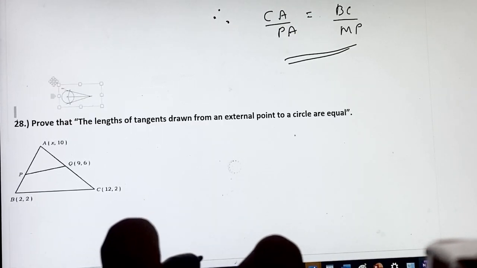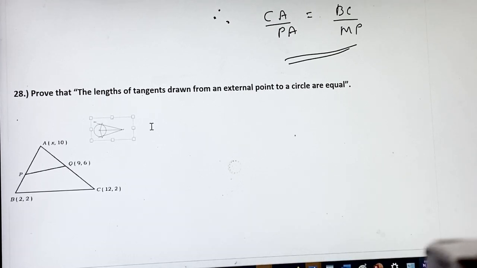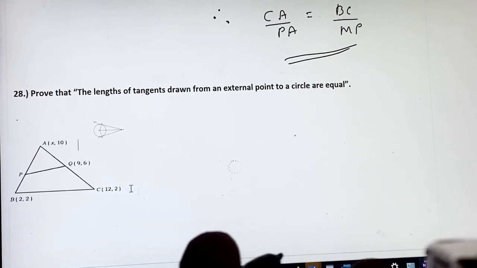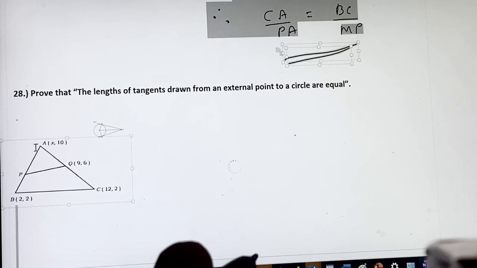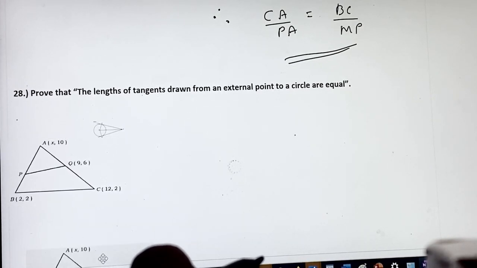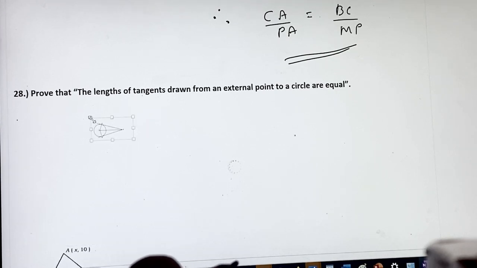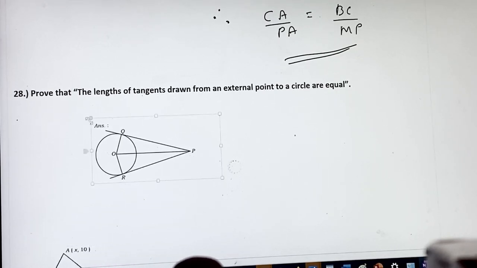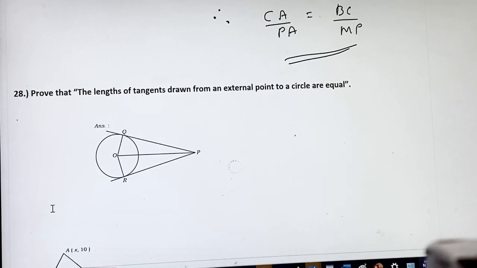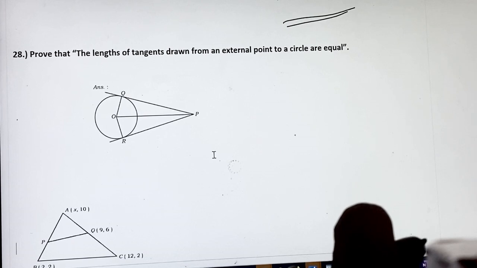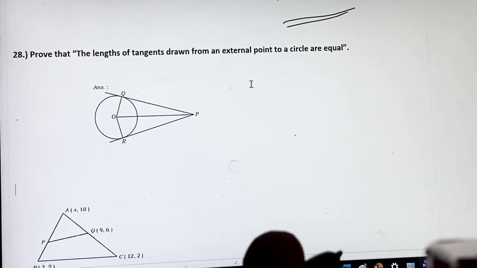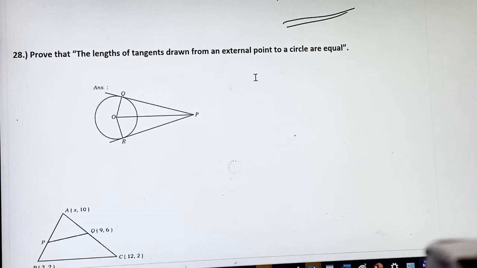We have a diagram here, so this is what we need to draw as per the given data. I've already drawn and kept it. So, prove that the lengths of the tangents drawn from an external point to a circle are equal. This is a theorem.